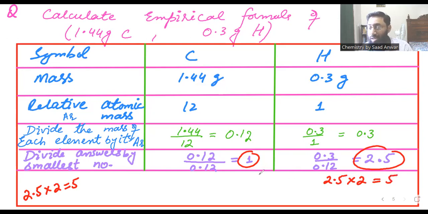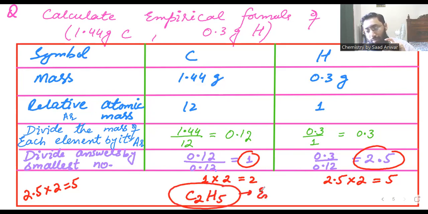Similarly multiply the carbon, this 1 with 2 and you will get 2. Now the game is finished. The value of carbon is 2, so I will take 2 carbon and 5 hydrogen. So this is the empirical formula of butane.